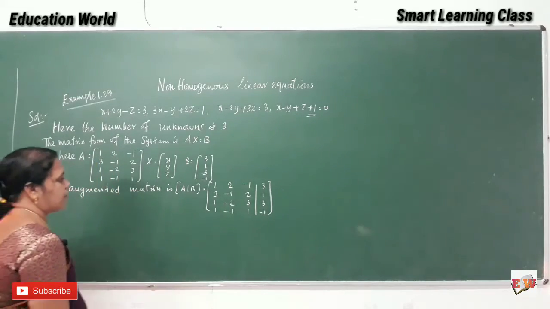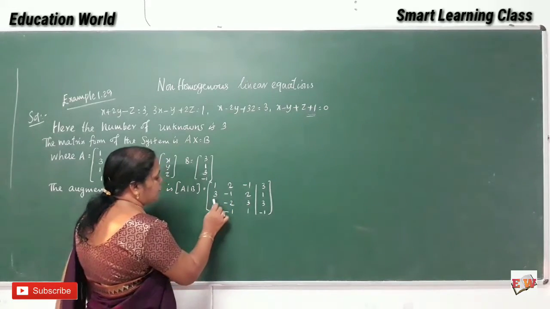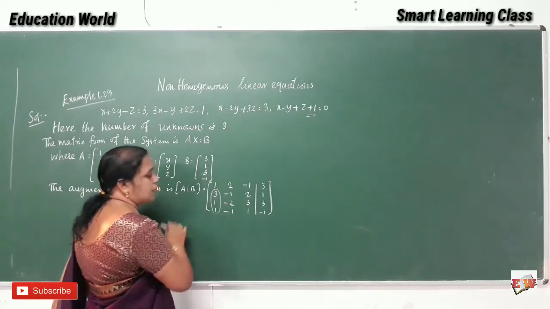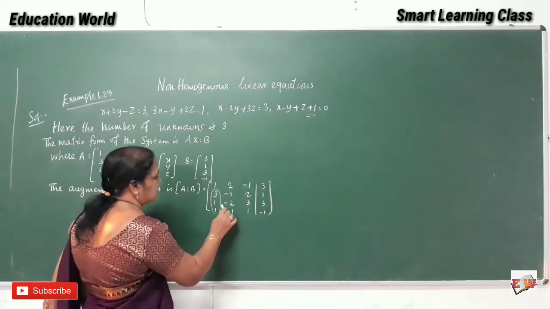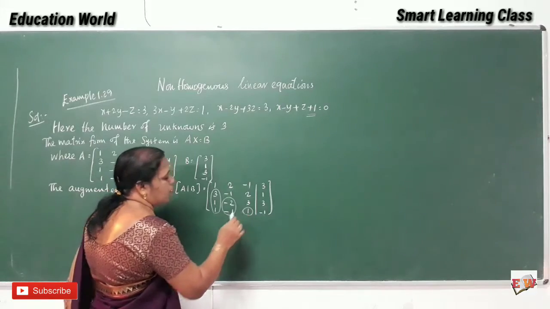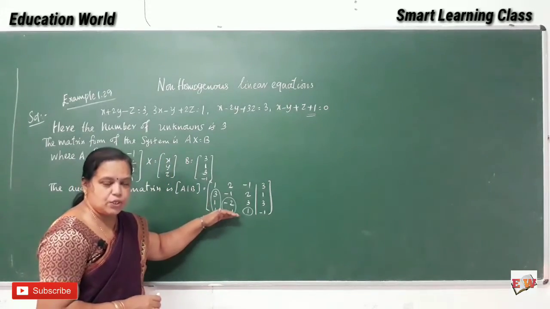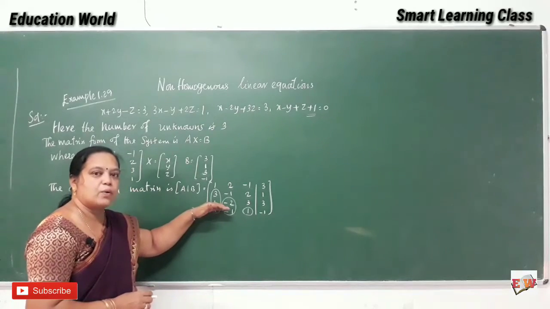What is the row echelon form? For this matrix we have to bring these three entries in the first column to 0, these two in the second column, and this one in the third column. If you get all these entries as 0, that is known as the row echelon form.